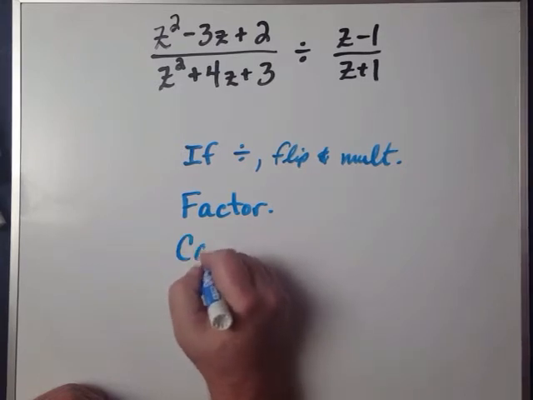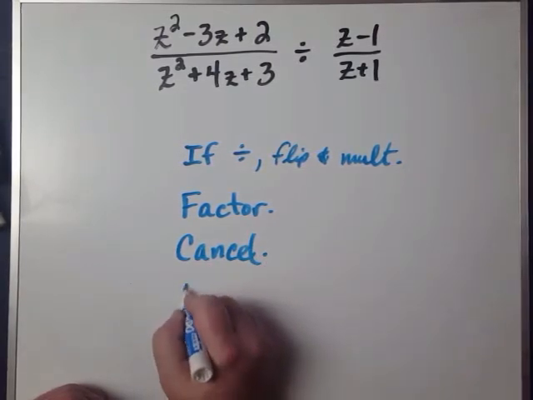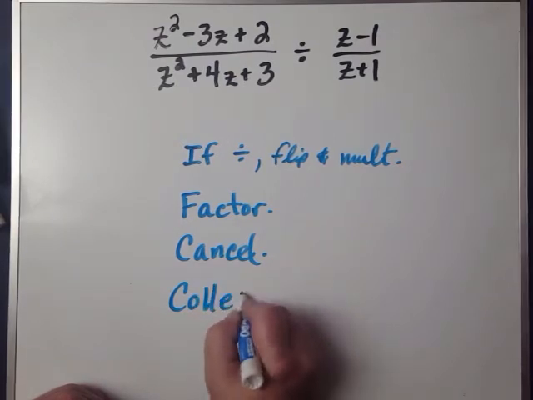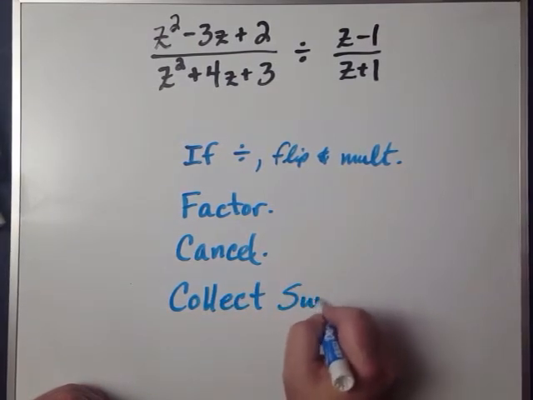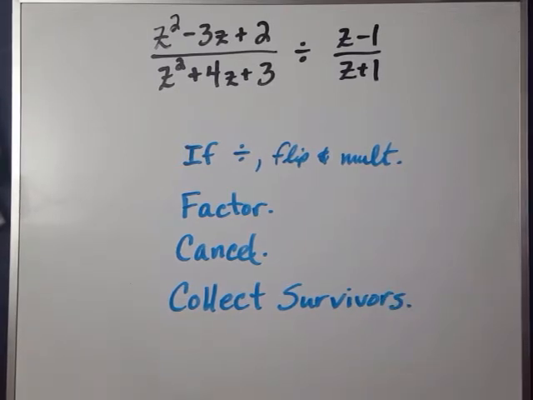I want to cross cancel everything I can. And I want to collect my survivors. That's how I would rearrange this blue box that she has, because that's what makes the most sense to me.